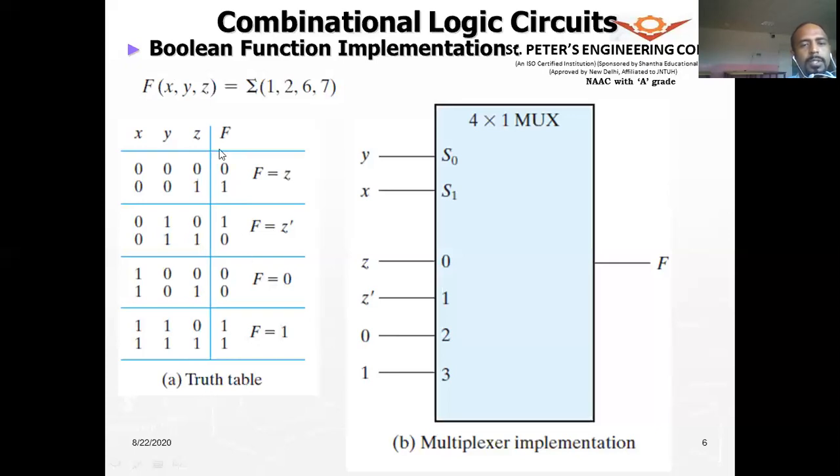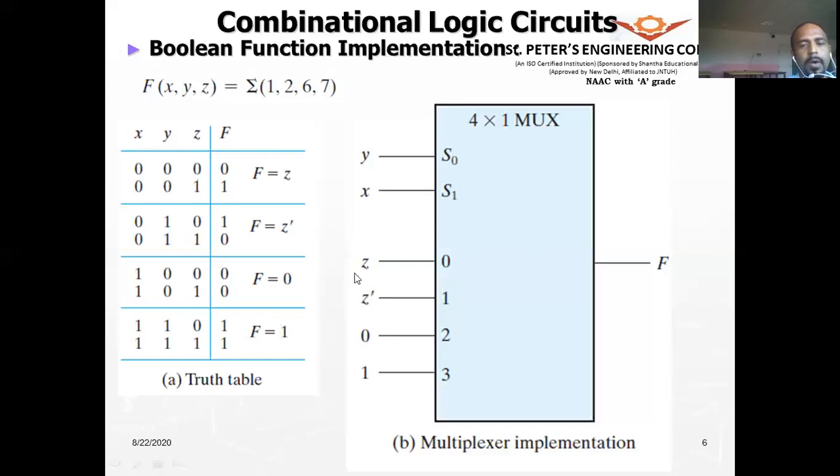All right. So we have demonstrated the use of the multiplexer to realize the Boolean function implementation. This is the truth table and this is the circuit diagram.